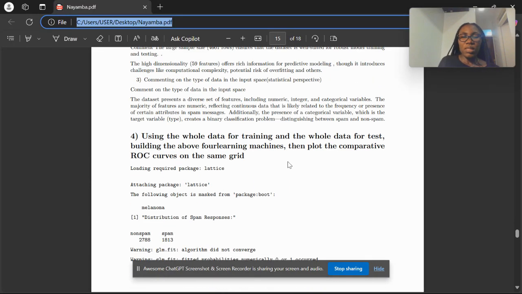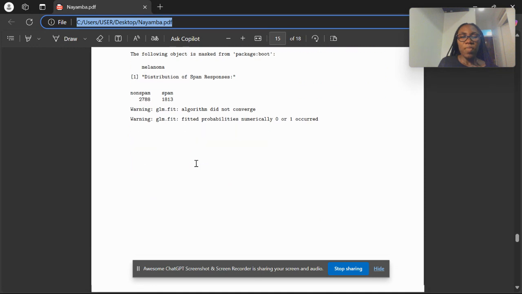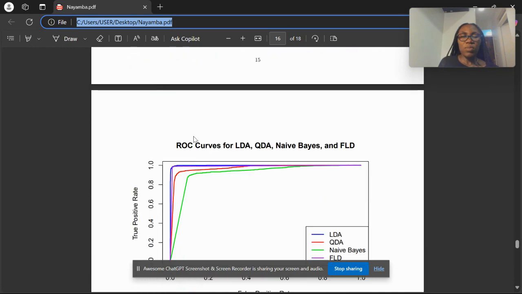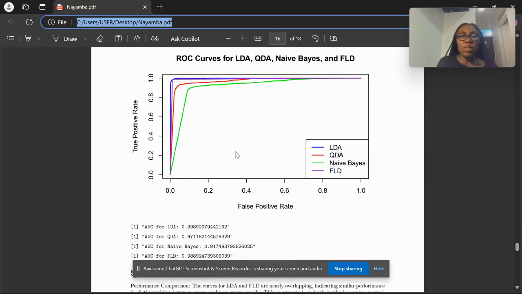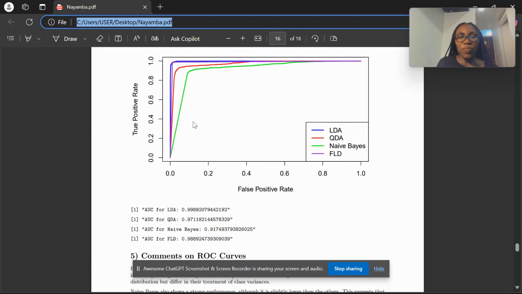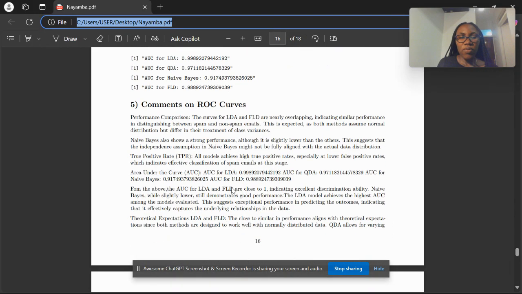I also used the whole data for training and testing and we built the ROC curves. From the ROC curves on this plot, we can see that the LDA model and FLD model are nearly overlapping, confirming their similarity in performance.